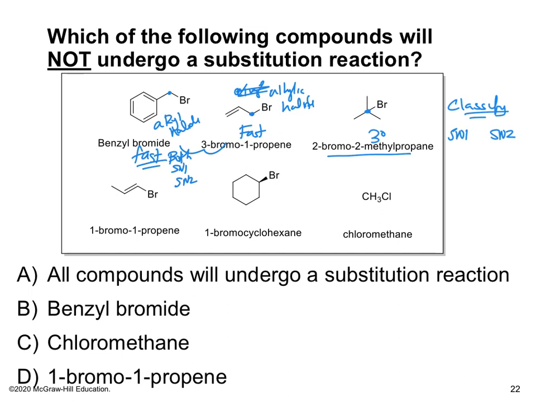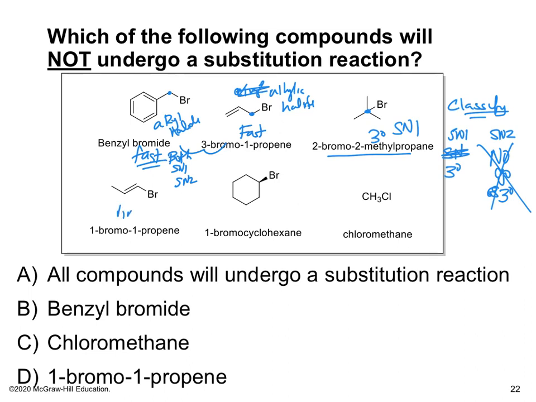A tertiary is the fastest for an SN1, and no go for SN2. So they won't go SN2. So this only does SN1, and it's pretty fast.